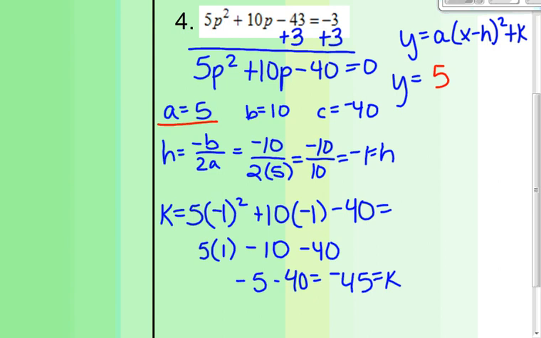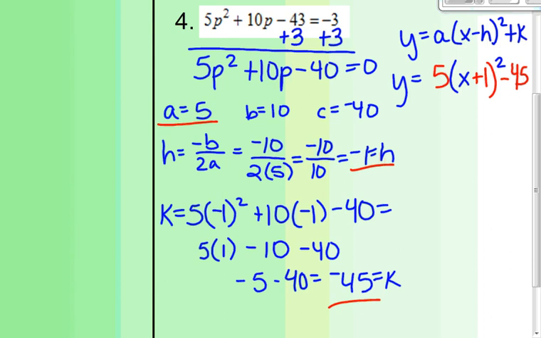So y equals 5 times x minus h. Now, h was a -1, so minus a -1 for h, we are going to write as plus a positive 1. That is squared plus k. Now, k was a -45, though, so instead of plus -45, we're just going to write minus 45.